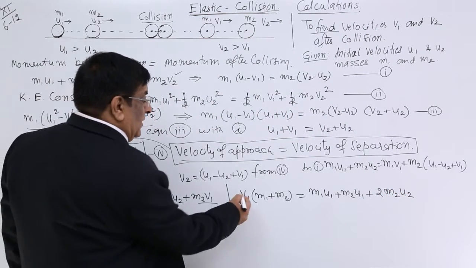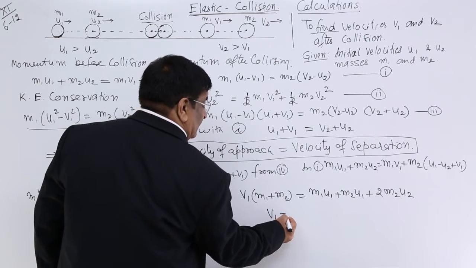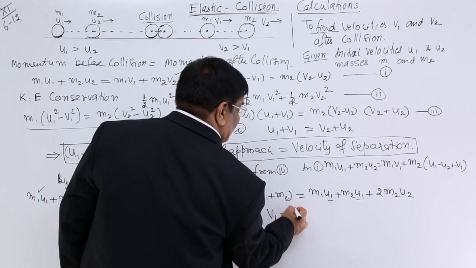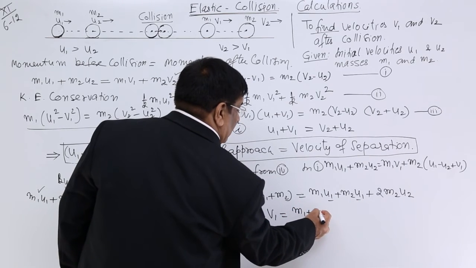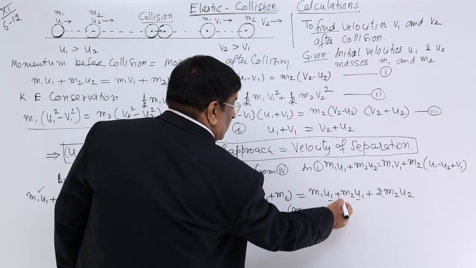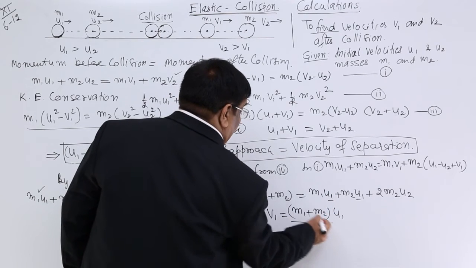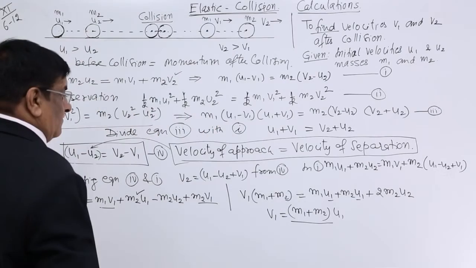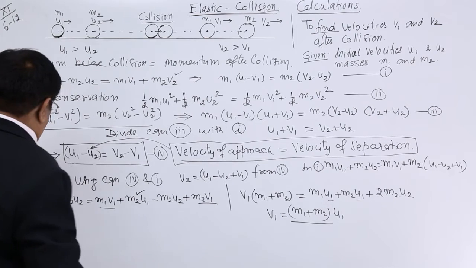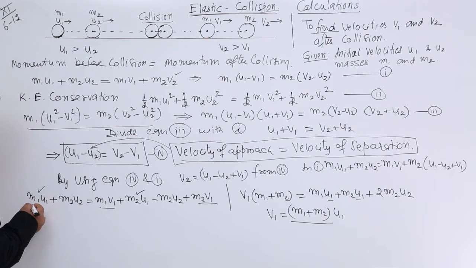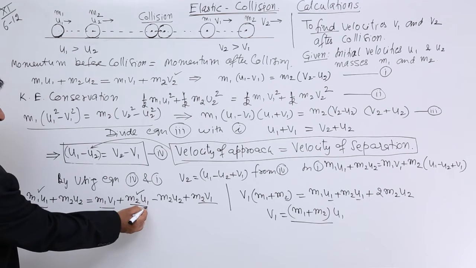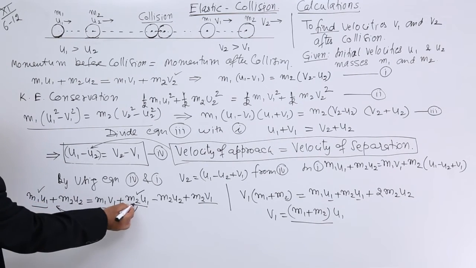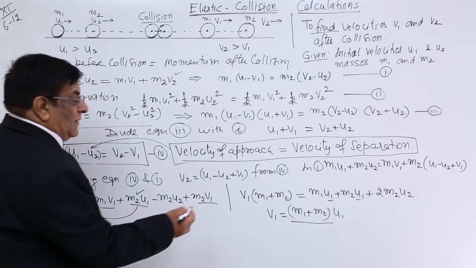So how much is v1 equal to? v1 is equal to, here take out u1 as common, m1 plus m2 into u1 divided by m1 plus m2. Okay, there is a mistake here, m1 u1 m2 u1. When we take it on this side, then this will be m1 u1 minus m2 u1.